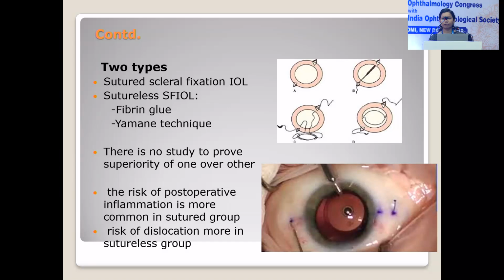There are two techniques of doing scleral fixated lenses: sutured scleral fixation and sutureless scleral fixation with fibrin glue or the Yamane technique, but there is no study to prove superiority of one over the other. Drawbacks with these lenses are that they usually need more surgical expertise, and the chances of IOL decentration and tilt are also higher. Other than that, sutured lenses usually get knot erosions and late suture breakage, while with the sutureless scleral fixation technique, the chances of intraocular lens dislocation are also high.